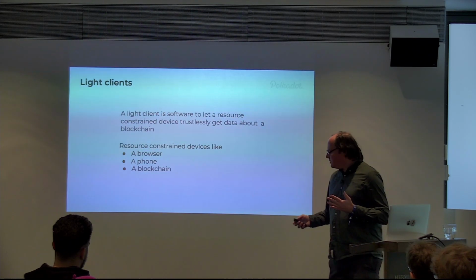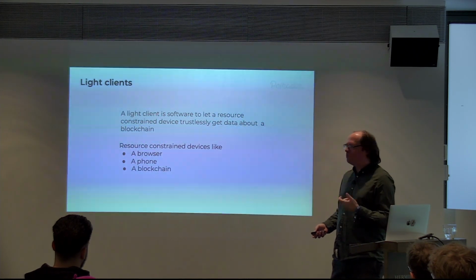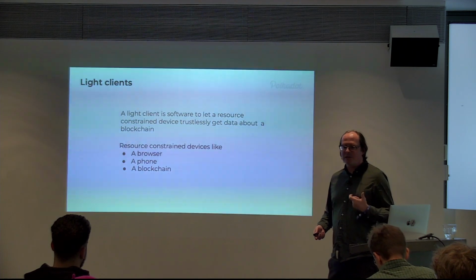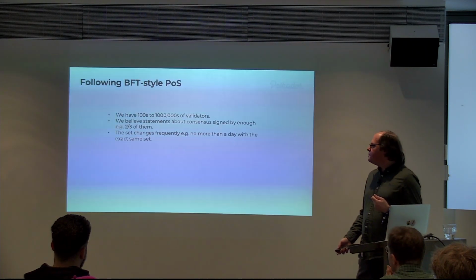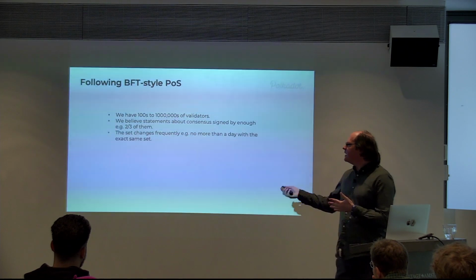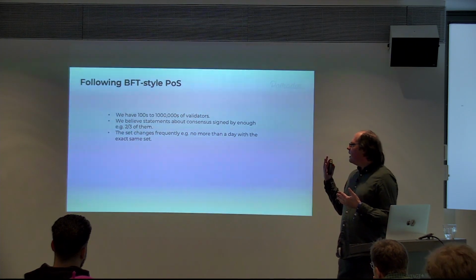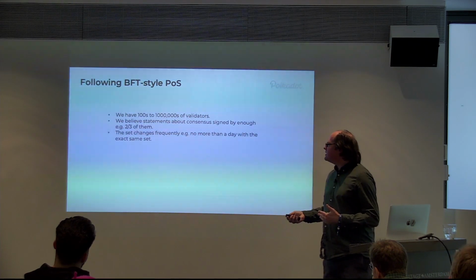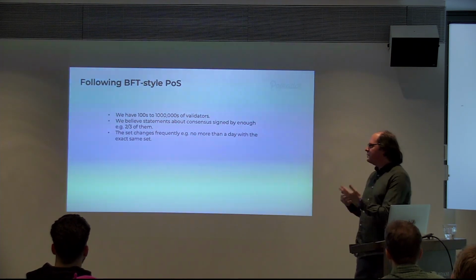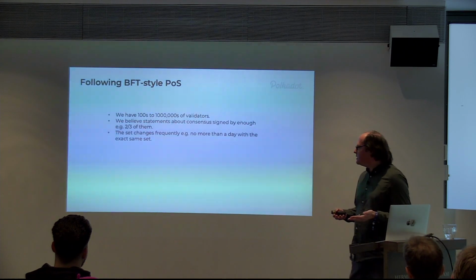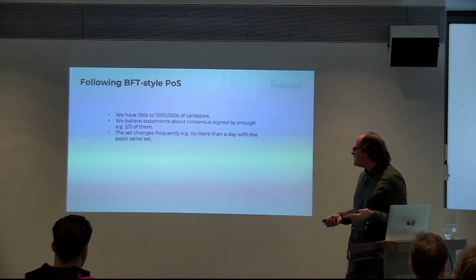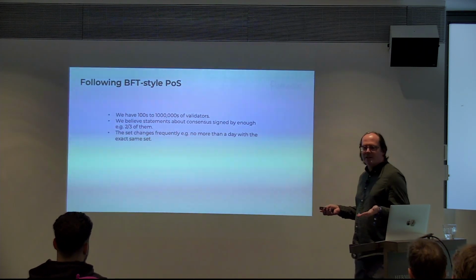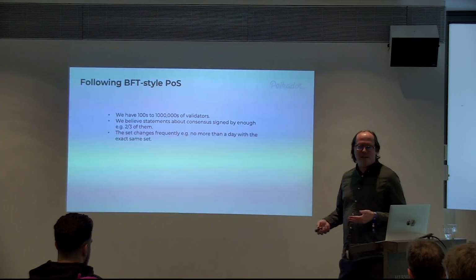And this affected our model a bit, especially how much security we want from this protocol. We're thinking of systems where you have 1,000 to 1 million validators. We believe statements signed by 2/3 of them, and the set changes once a day or something, which is quite a lot if you're dealing with an entire history of a blockchain.